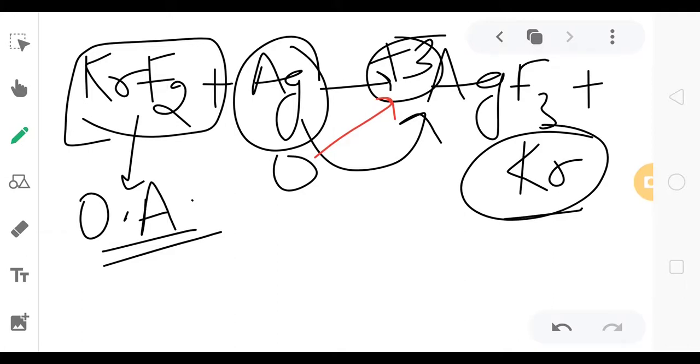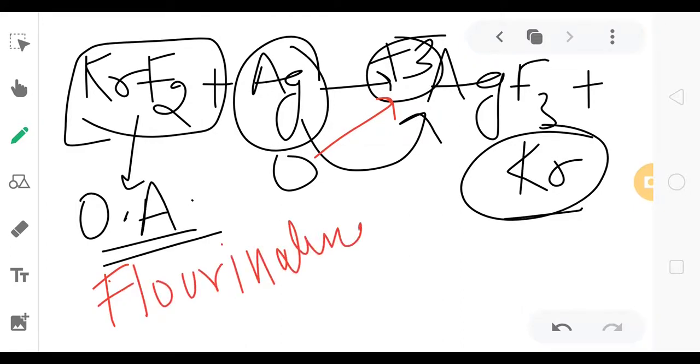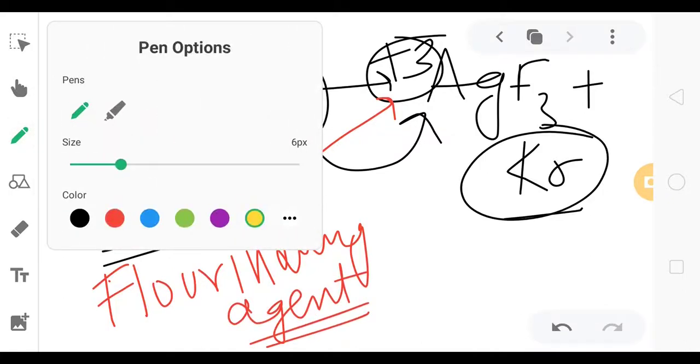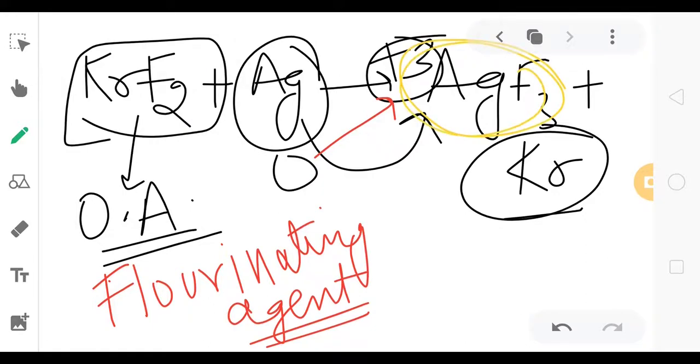That is why we are saying that KrF2 is a good oxidizing agent as well as a fluorinating agent. Why? Because silver has got fluorinated, AgF3. That is why we said that KrF2 is a good oxidizing agent and good fluorinating agent.